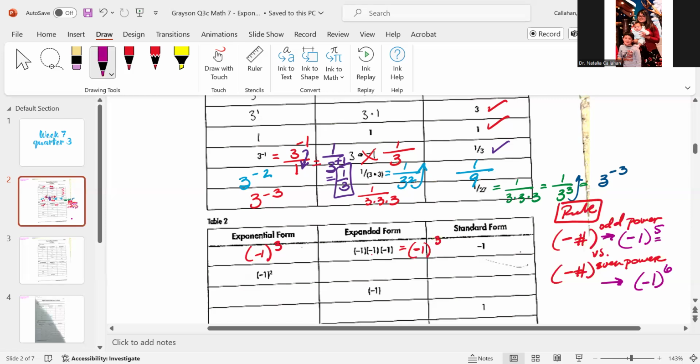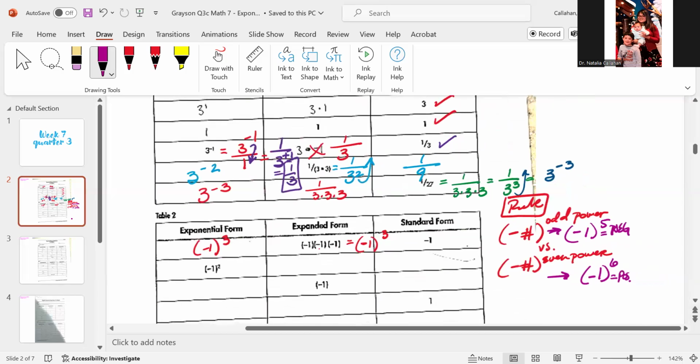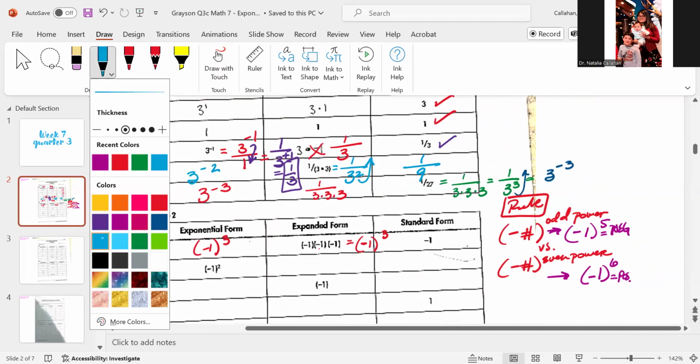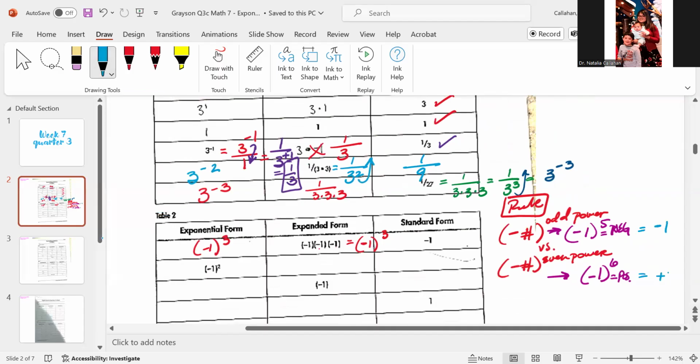This will always end up with a negative answer. This will always end up with a positive answer. Do you remember that? So this one will be a negative 1. This one will be a positive 1.